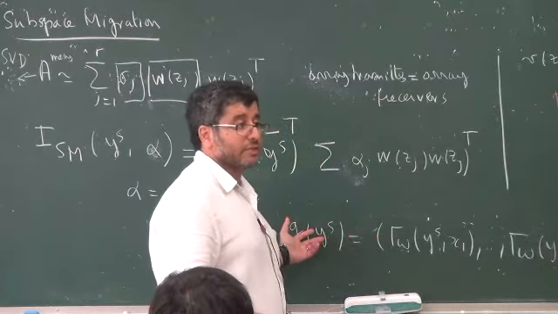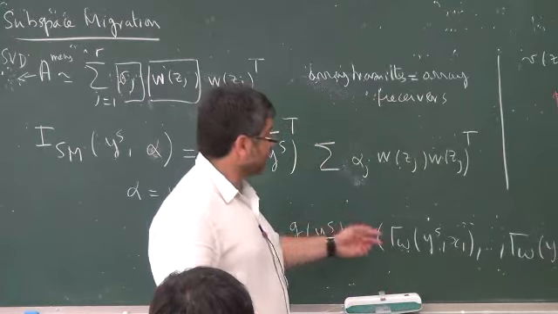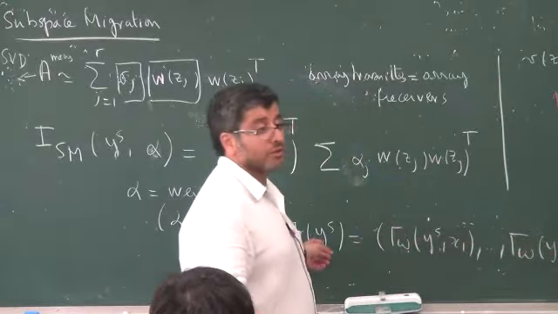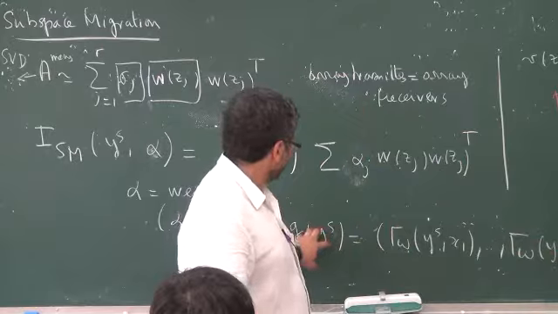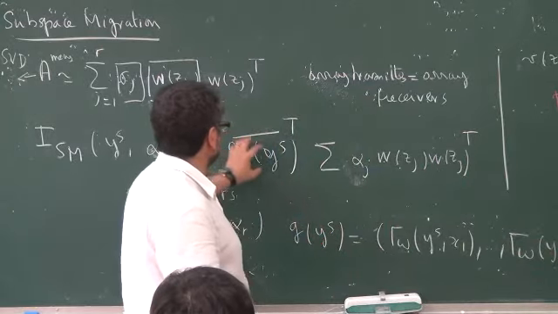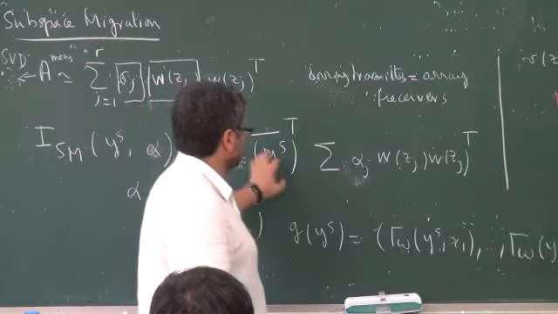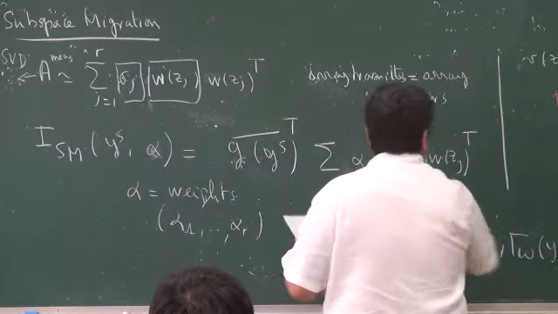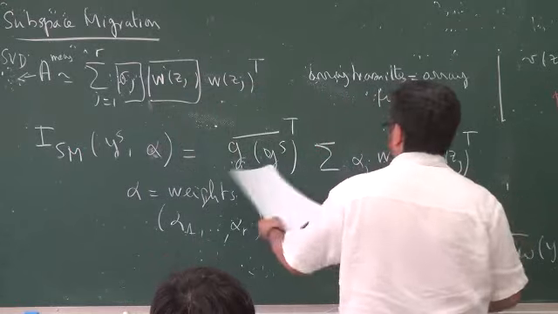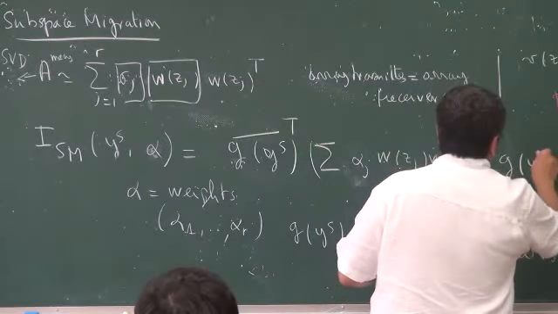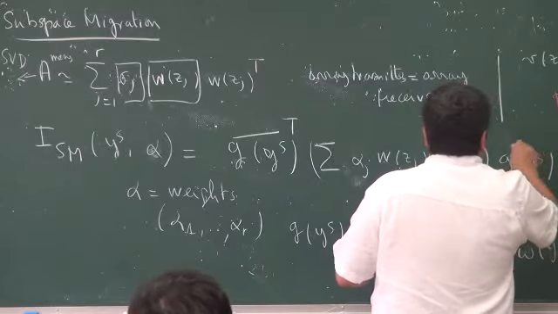This is a vector of fundamental solutions computed from the array of transmitter or receiver, because they are the same, to the point YS. Compute this vector, and then compute the projection of this vector of fundamental solution onto the space. So compute G, this thing, and G YS bar.